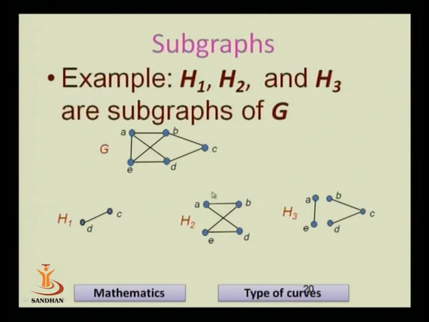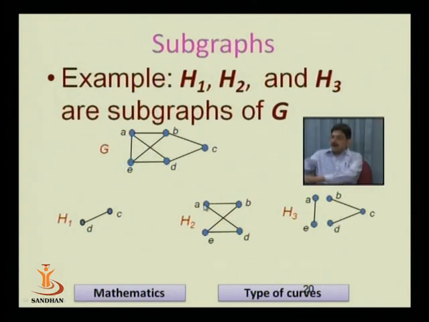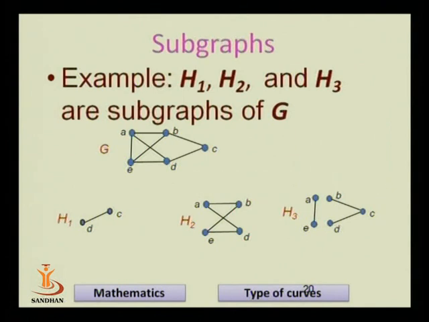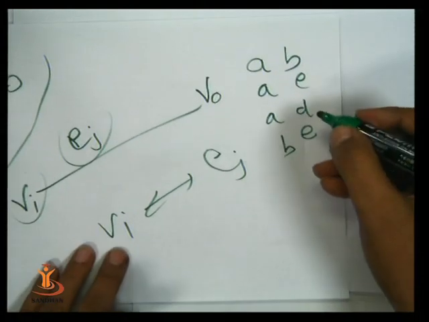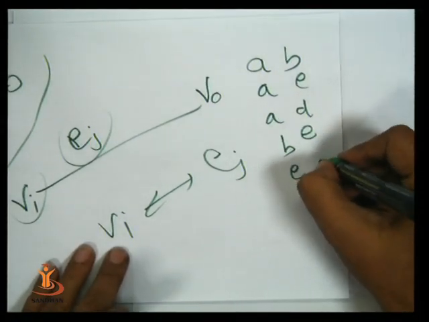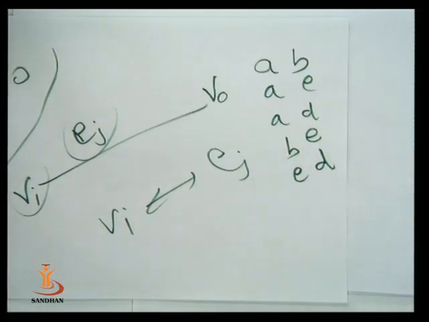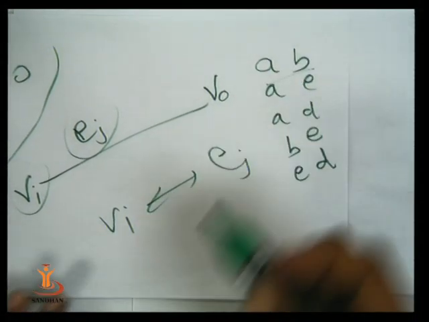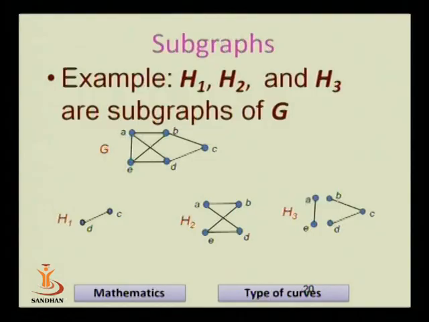Second graph. Why is the second graph connected? Because there exists a path between every pair of vertices. We take A and B. How many pairs? A and B, A and E, A and D, B and E, B and D, E and D. So for each pair of vertices, there exists a path between them.